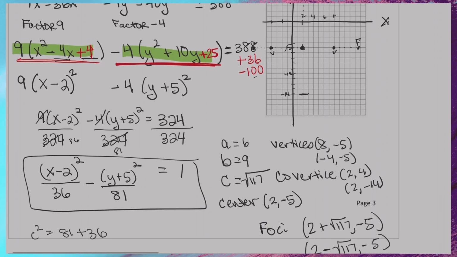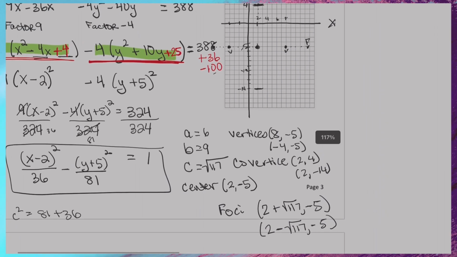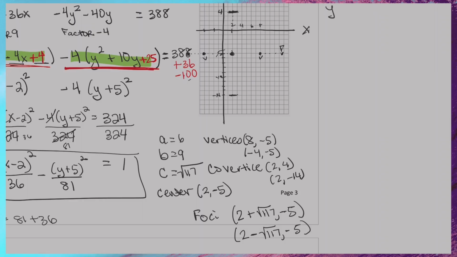All right. Asymptotes is the last thing. For this one, y minus -5, so y plus 5, is equal to slope times (x minus 2), because the center is your h and your k.